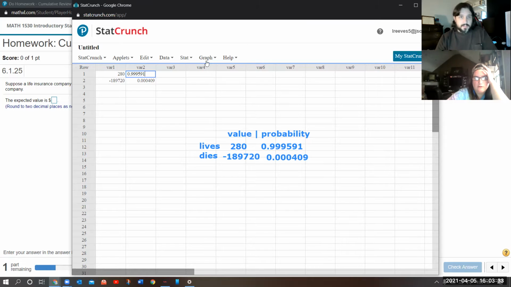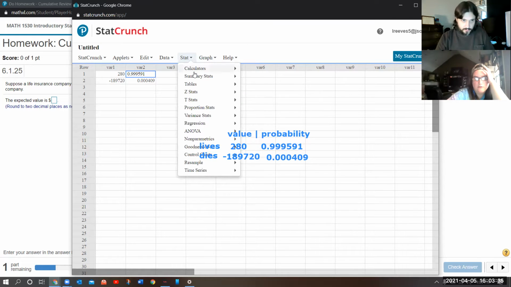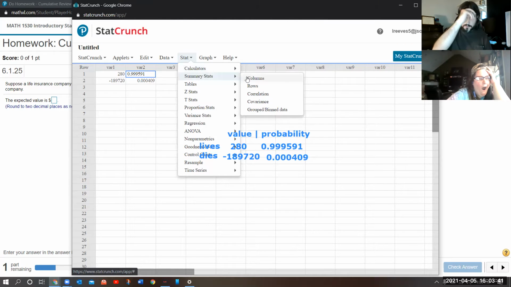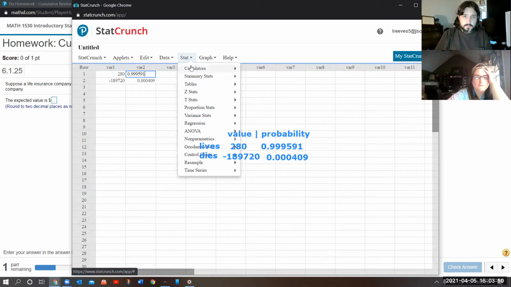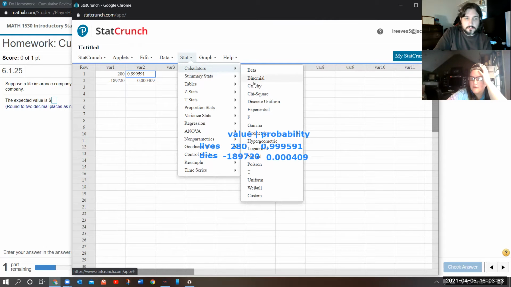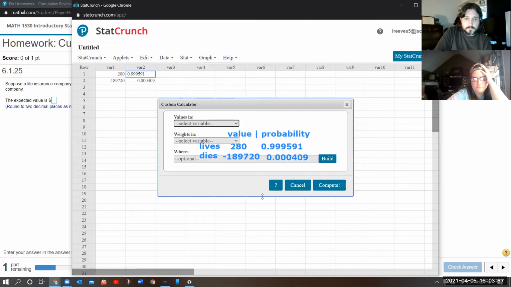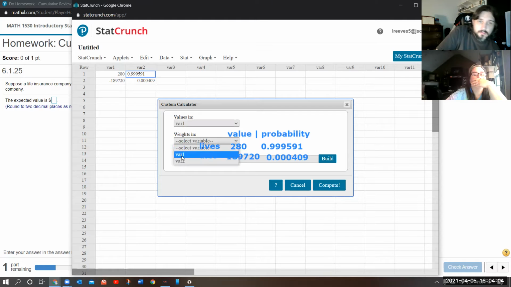And now you're going to go to Stat. Now, because you're working with two columns of numbers, some of which are not integers, they're decimals, you're going to go to Calculators, Custom. Customs all the way down. Your values will always be in the first one and the weights in the second.